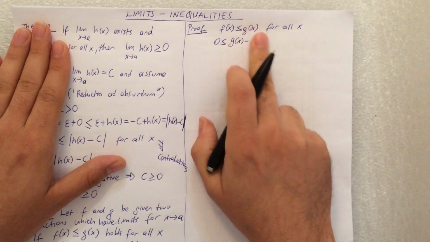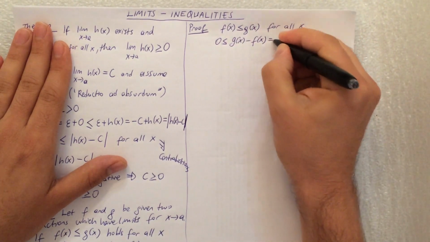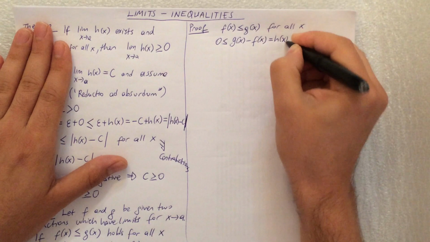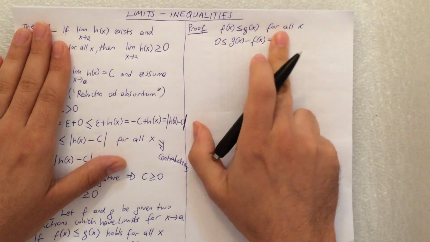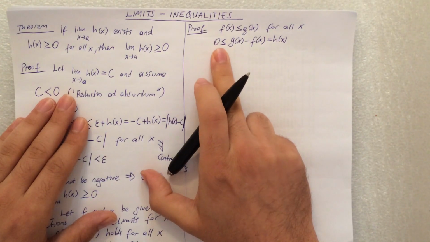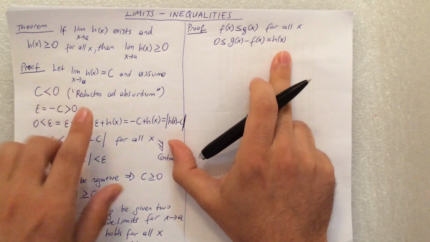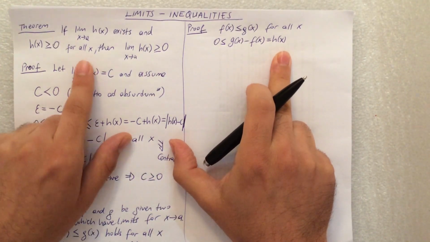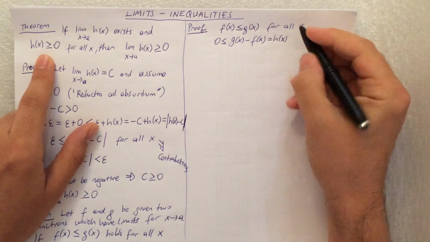Let's call this function h(x). So we have a function whose value is larger than or equal to 0, and this reminds us of the previous theorem, right? For all x.